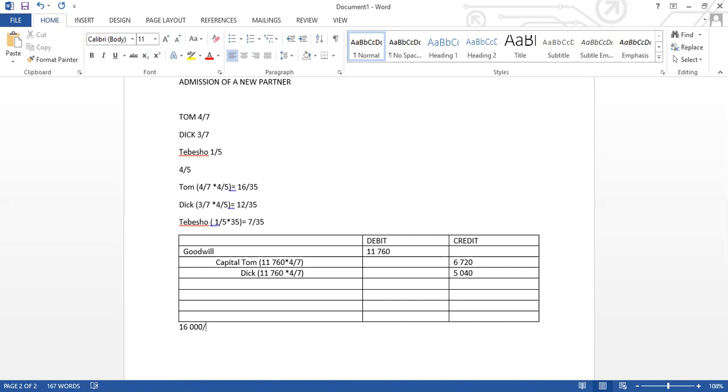So 16,000 divided by 7/35, how much will we get? We'll get 80,000. So 80,000 is his total contribution. Please take note of that.